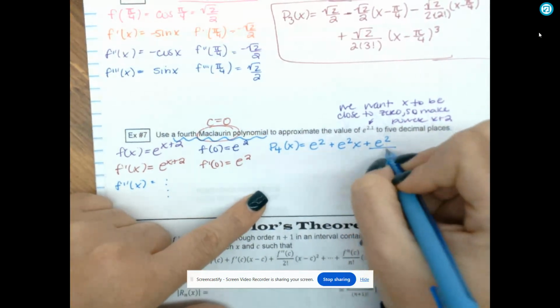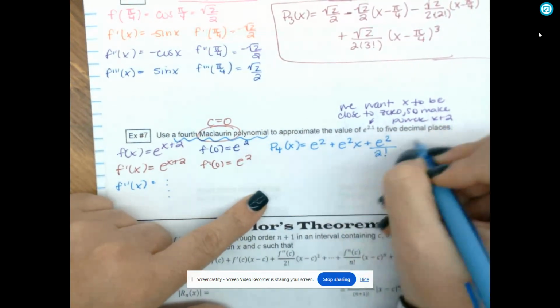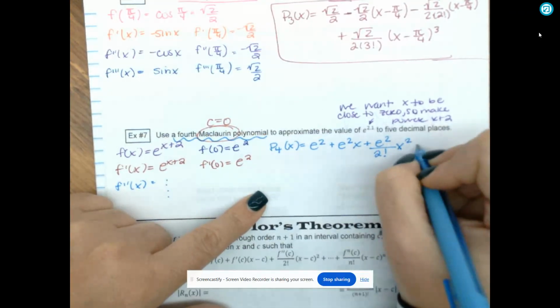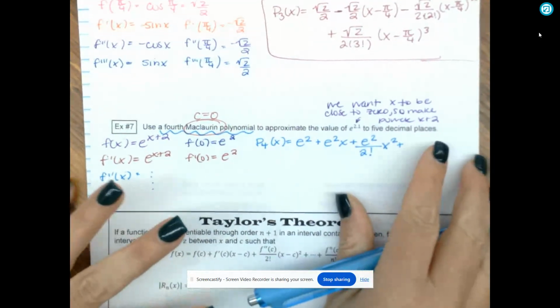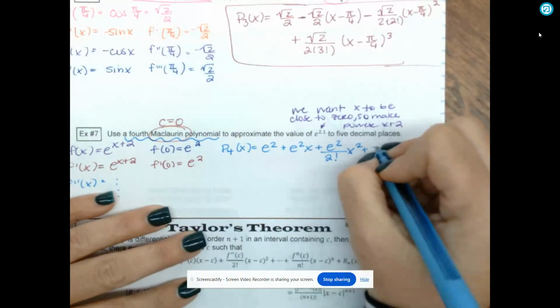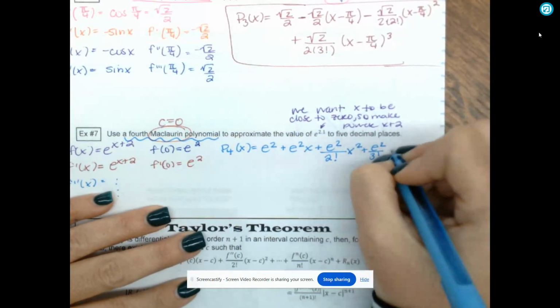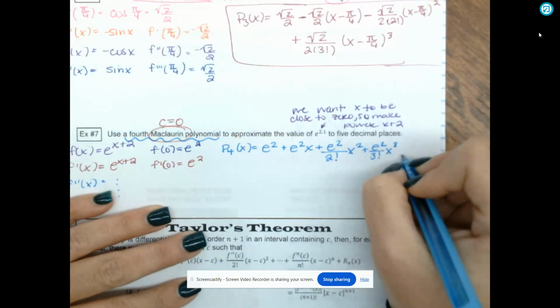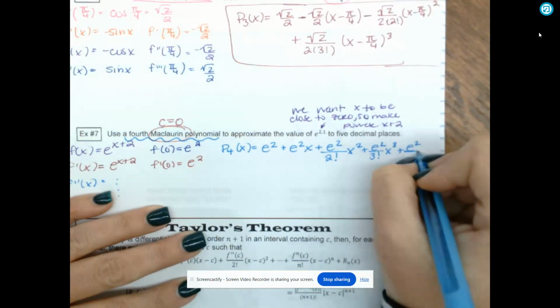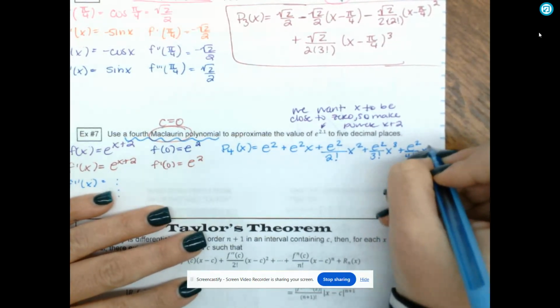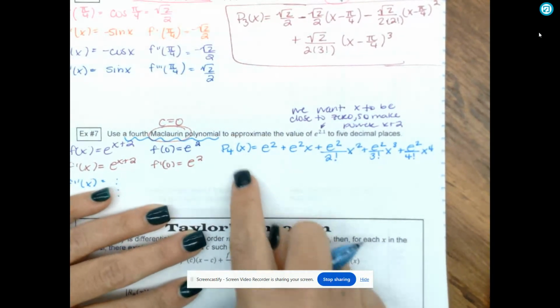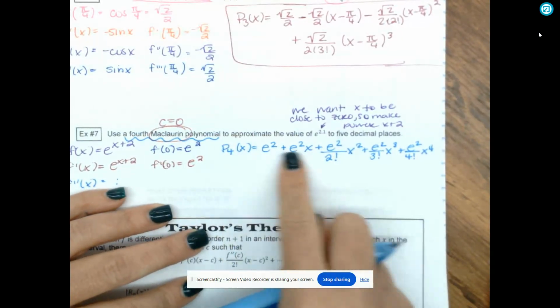This time it's over 2 factorial times x squared plus e squared again over 3 factorial times x cubed plus e squared again over 4 factorial times x to the 4th. Okay, so that is my p sub 4 of x value.